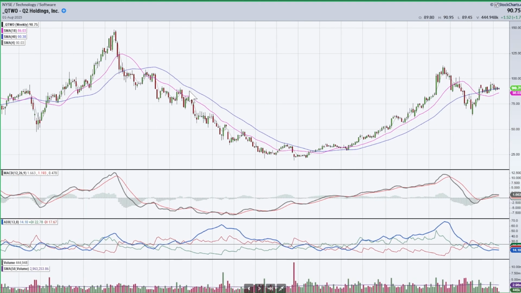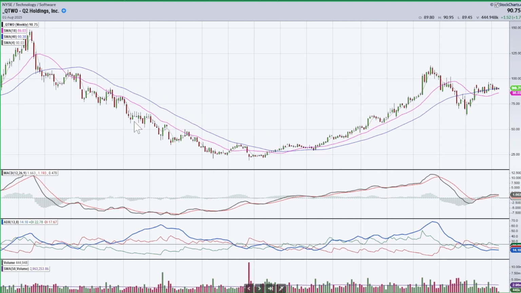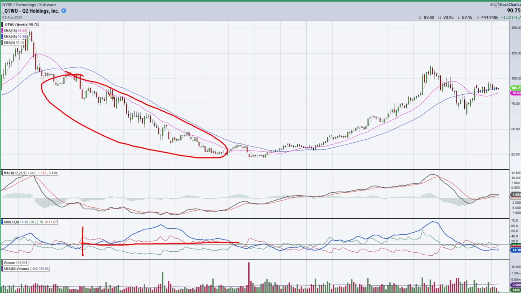All right, let's look at another example. So this is Q2 Holdings, and we've got a really strong downtrend on a weekly chart, and then we've got a really strong uptrend. Now there's multiple opportunities. Once this gets above the 25 area and stays above 25, we can look for rallies in a downtrend to keep playing this.